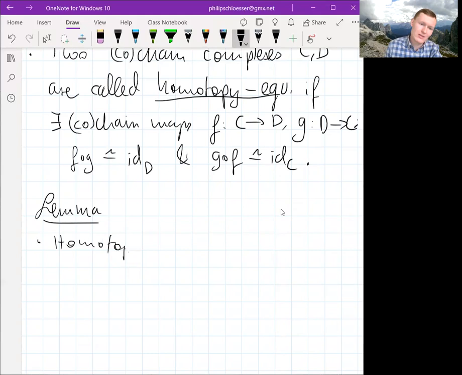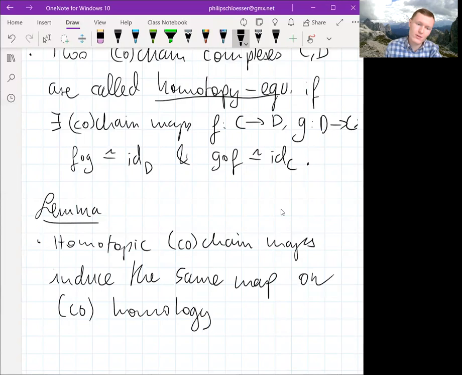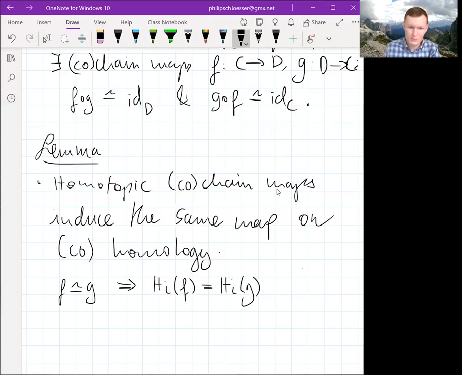homotopic cochain maps induce the same map on cohomology or homology. Or in other words, if F is homotopic to G, then H_i F is equal to H_i of G. Or the same thing with the upstairs indices.